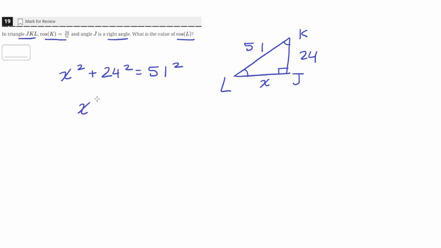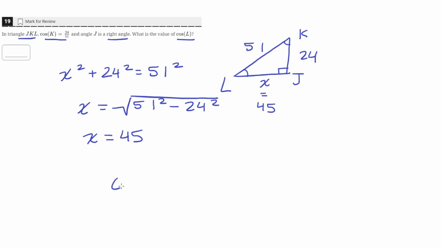So we can just isolate for x by moving the 24 squared to the other side and taking the square root of that. So if we plug this into our calculator, we'll get that x equals 45. So the length of this side right here is 45. Then the cosine of L is just the adjacent side divided by the hypotenuse. So cosine of L is 45 over 51, which is the answer.